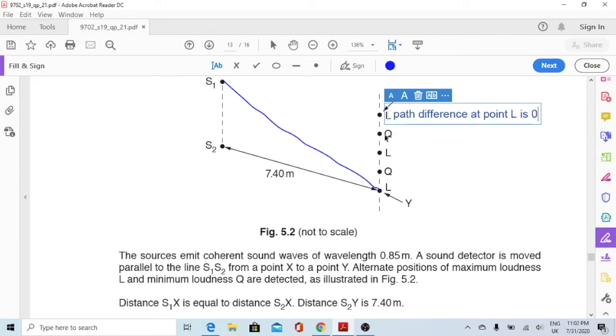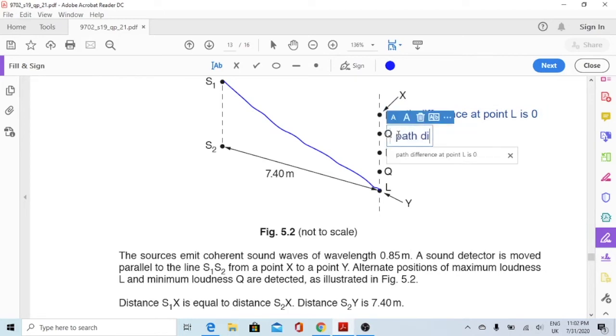Now moving on to Q, they say that at Q it's a minimum loudness. So I'll write over here the path difference between the waves is now half of the wavelength of the sound wave.